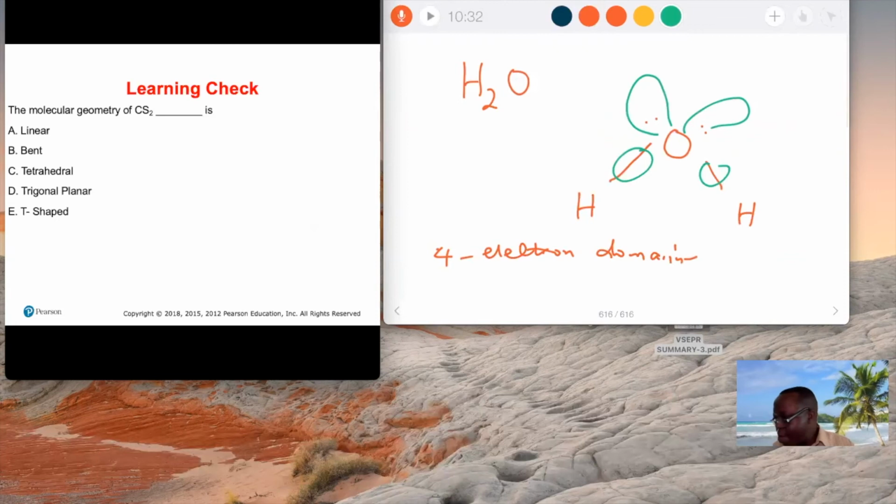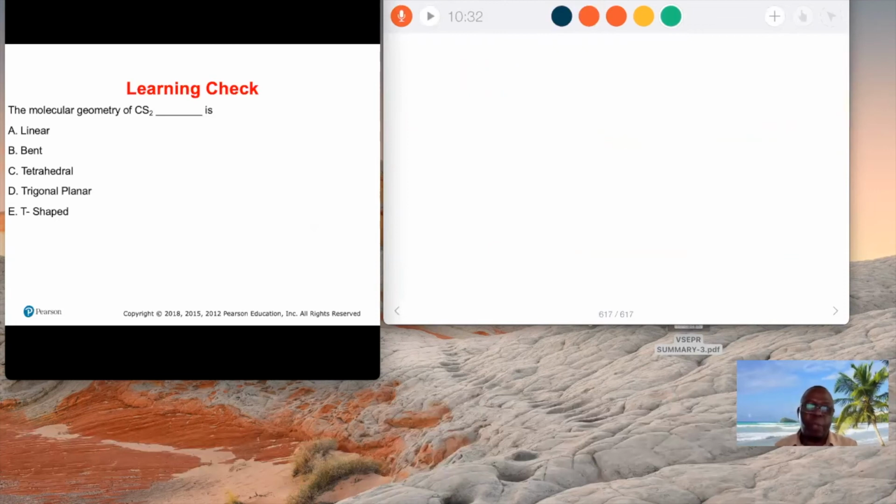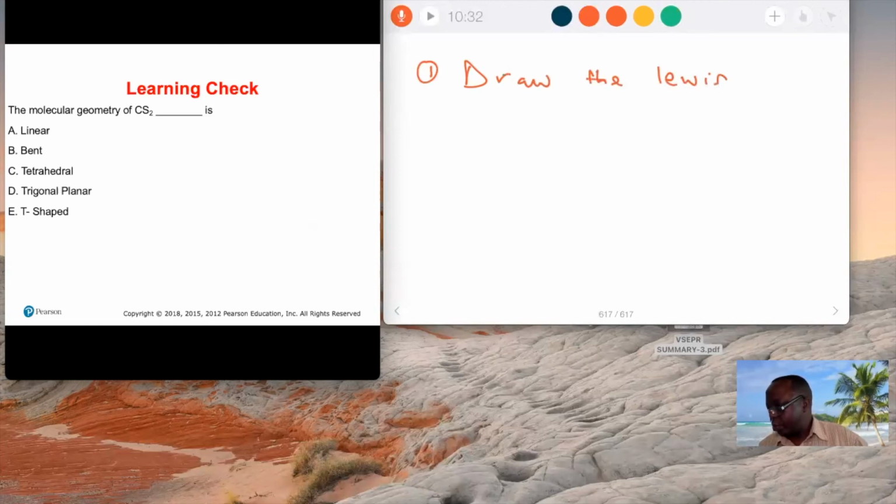If I were you, I would start from the basics. What do I mean by the basics? Drawing the Lewis structure for a given molecule or polyatomic ion, which in this case, draw one. You have to draw the Lewis structure.